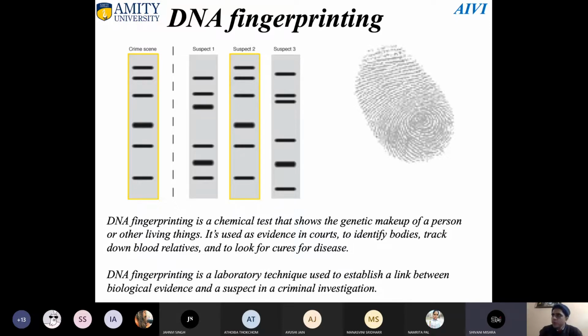So before continuing, let me just explain what the markers are. Okay, sorry, I got disconnected in between.